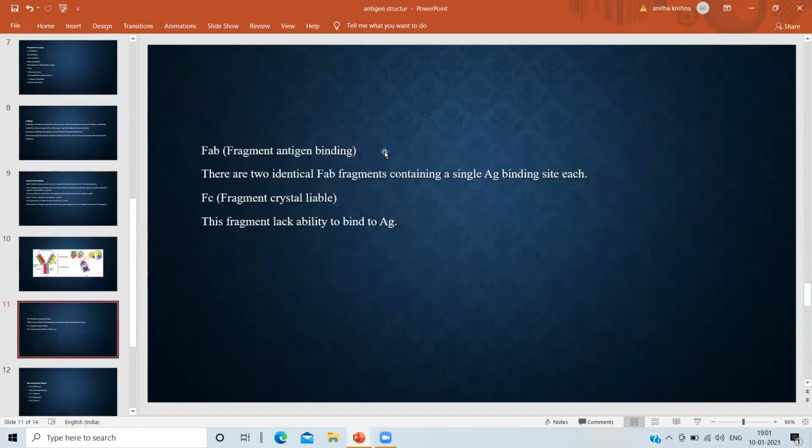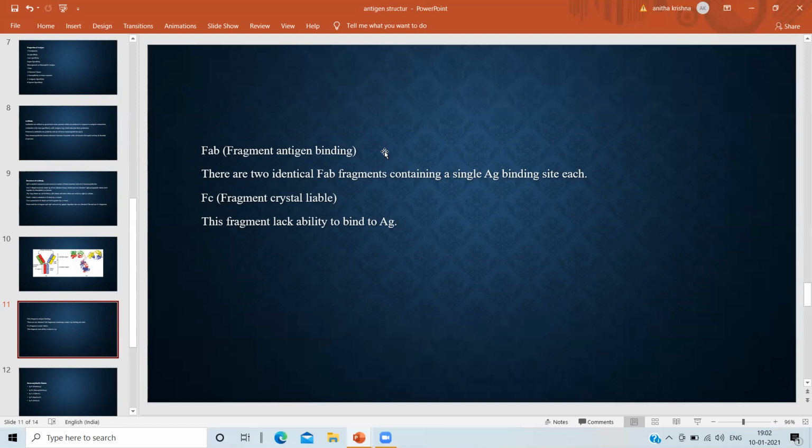So talking about the Fab fragment, Fab is nothing but the fragment antigen binding. There are two identical Fab fragments, each containing a single antigen binding site. The portion of the heavy chain of the Fab fragment is called the Fd region.